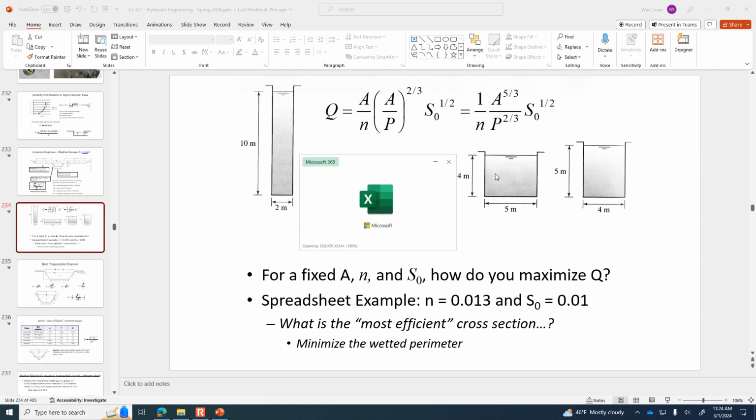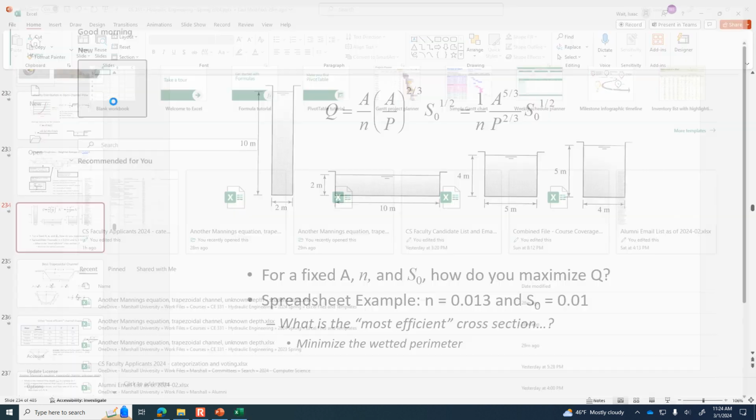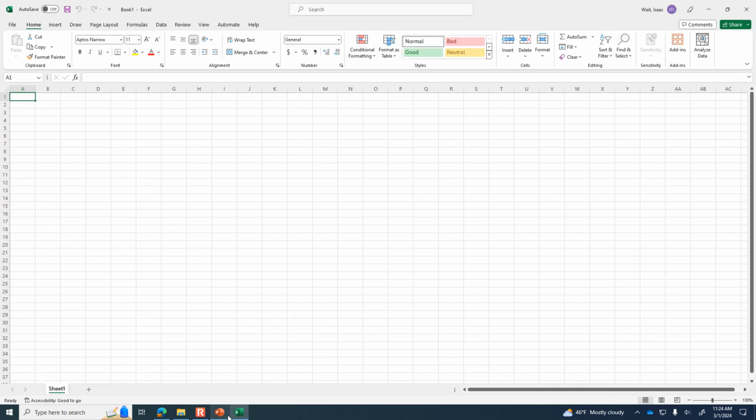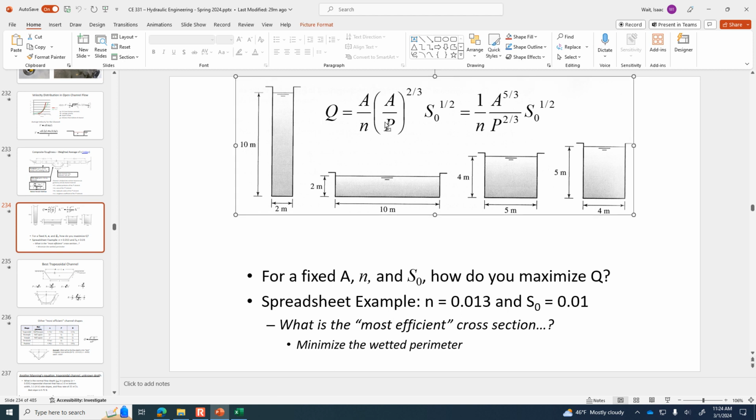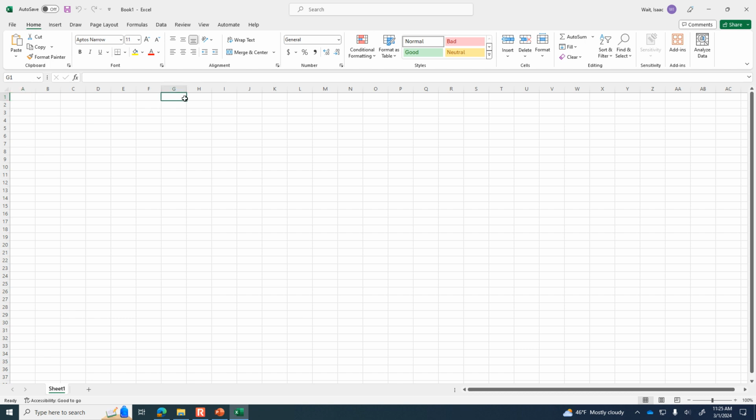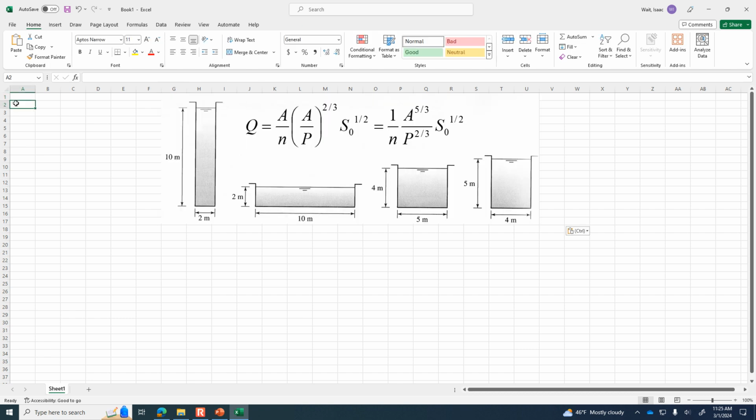So let me just paste this into a spreadsheet, and then we'll calculate what flow rate we could expect for the given 1% slope and 0.013 N value. Okay, so the slope here is 0.01. The N value is 0.013.